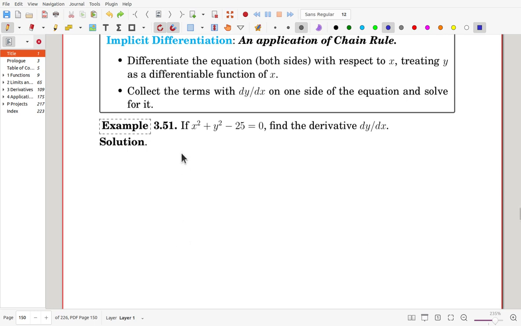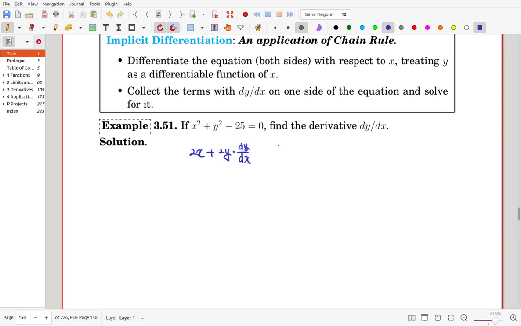Okay, first we differentiate the equation with respect to x. So this x squared becomes 2x, and for y squared we apply the x derivative, so that y is a function of x, and first we make the derivative with respect to y, and now multiply by the x derivative of y. So here that is 2y, and here dy over dx.